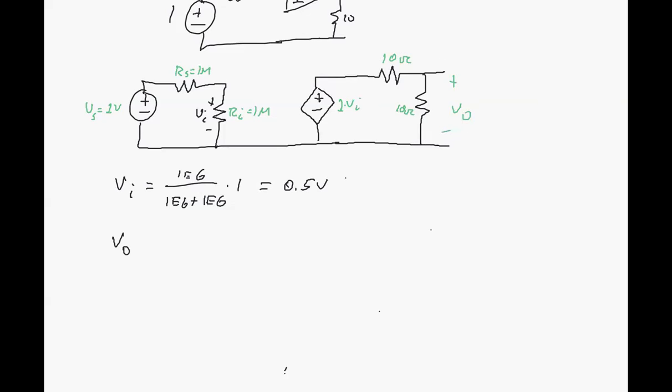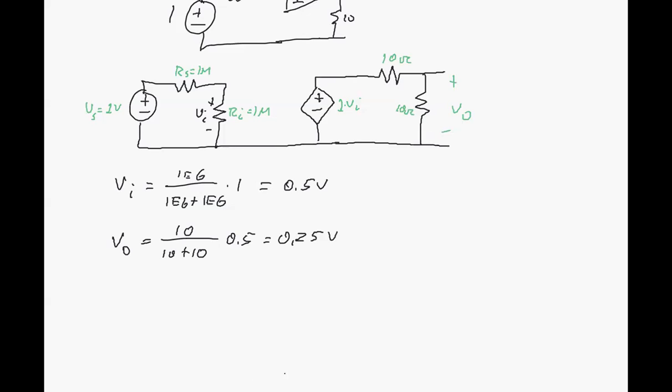So it's 10 over 10 plus 10 times 0.5, which would be 0.25 volts. So our input was 0.5 and our output is 0.25.